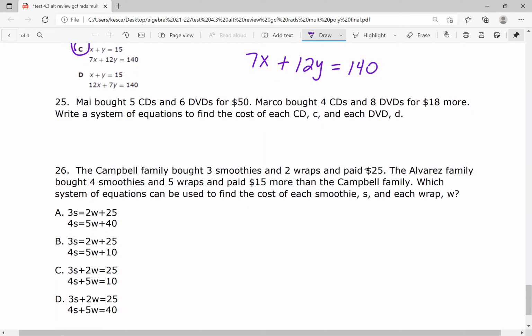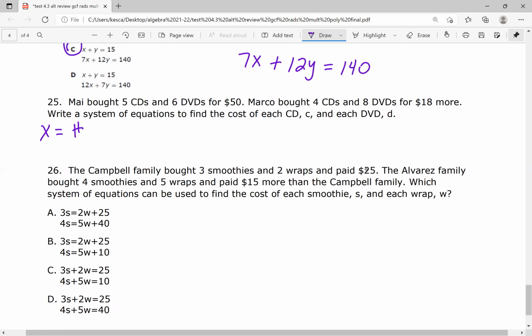All right, the next one here, this one's especially important. Number 25 and number 26. So it says, Mai bought 5 CDs and 6 DVDs for $50. Okay, right away, what are the two things we're buying? CDs and DVDs. So X we're just going to call CDs, right?